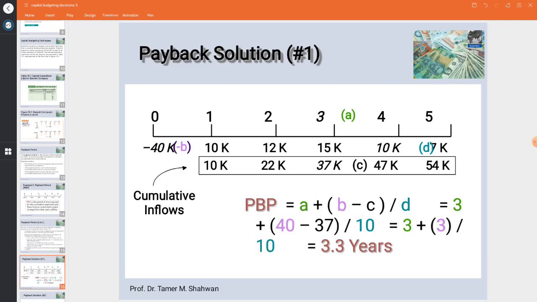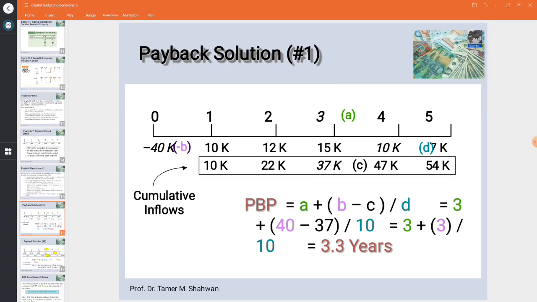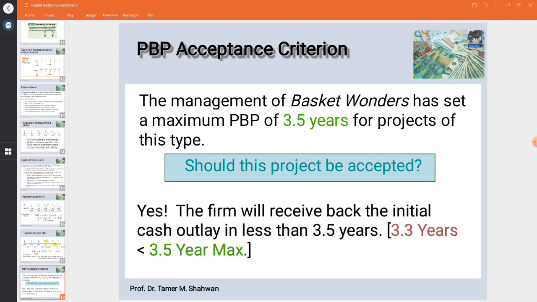Here, this is exactly what we did. We used the cumulative inflow, and we determined our payback period. And as I told you, whether this project should be accepted or not will be based on a comparison between the actual and the maximum payback period.